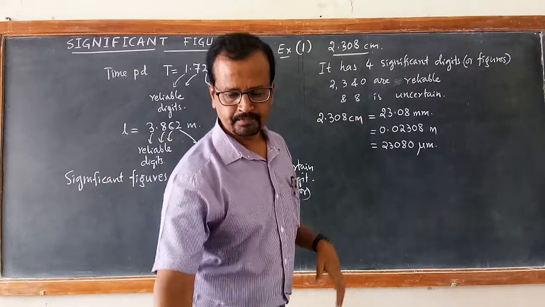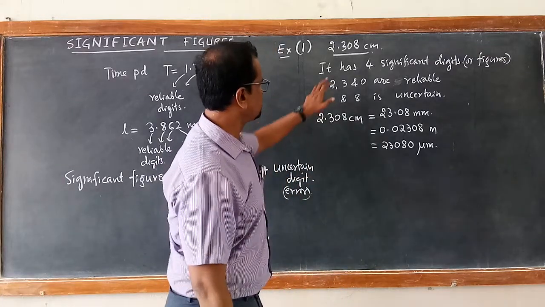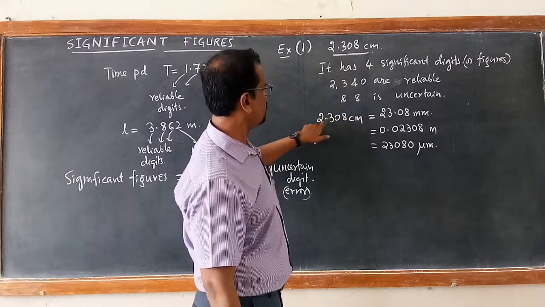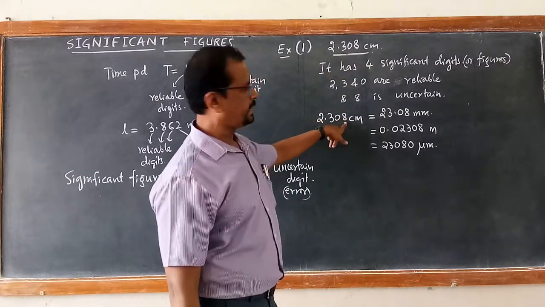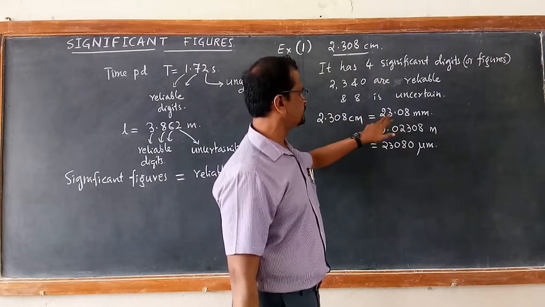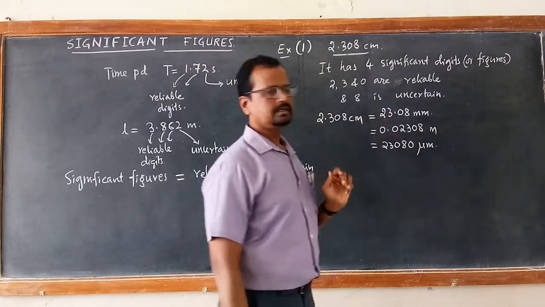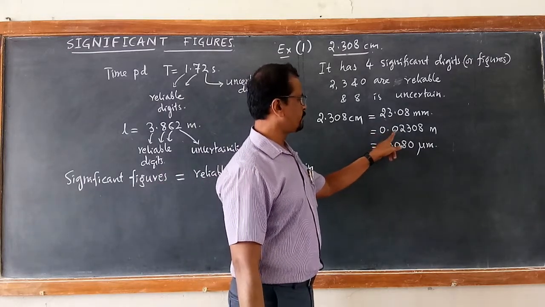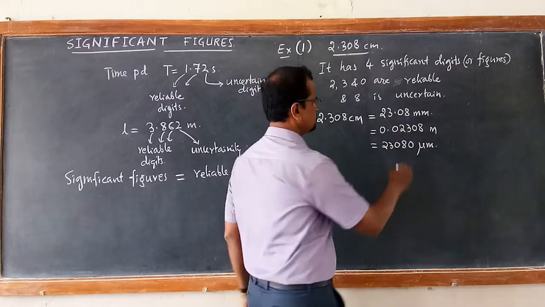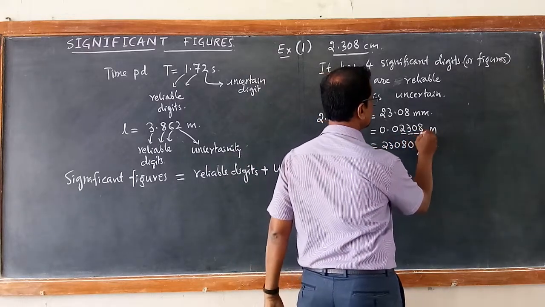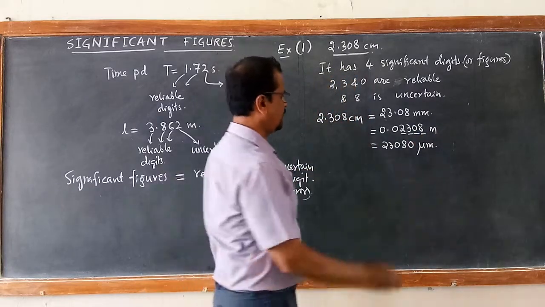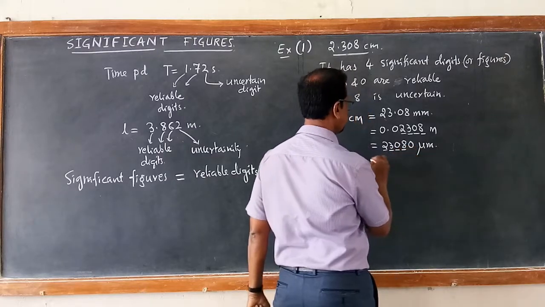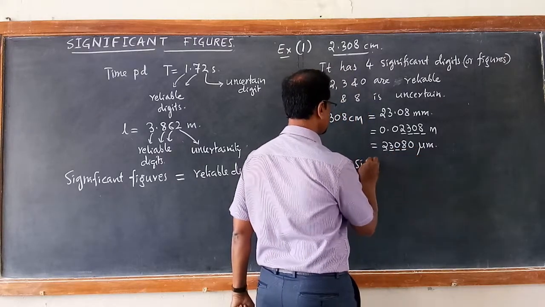But look at the number of significant figures. The number of significant figures in centimeter is 4: 1, 2, 3, 4. In millimeter also it is 1, 2, 3, 4. Even when expressed as 0.02308, it has 1, 2, 3, 4, so 4 significant figures. And in micrometers also, 1, 2, 3, 4.